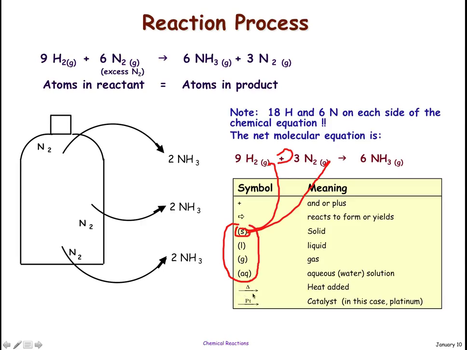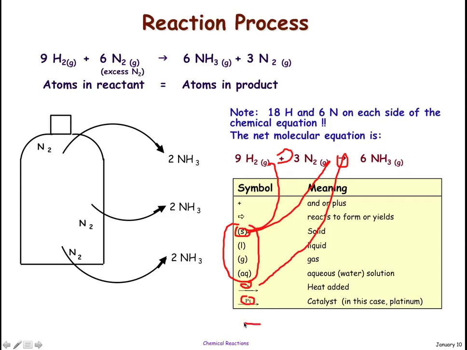The arrow with a diamond on top tells you that in order for this reaction to proceed, heat must be added. Some sort of metal like platinum or iron or some other element on top of the arrow tells you that this reaction requires a catalyst.